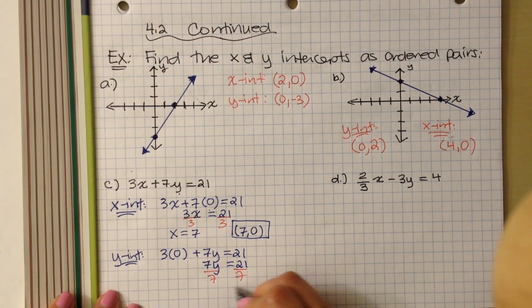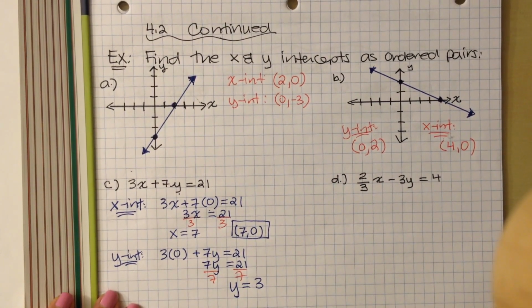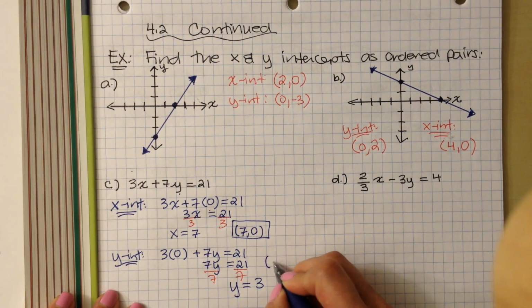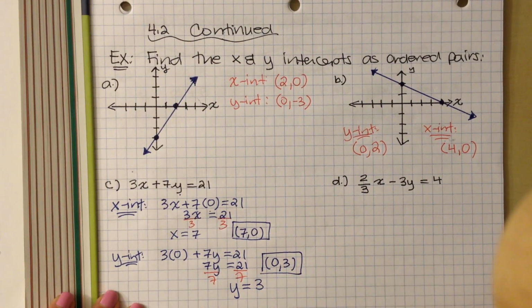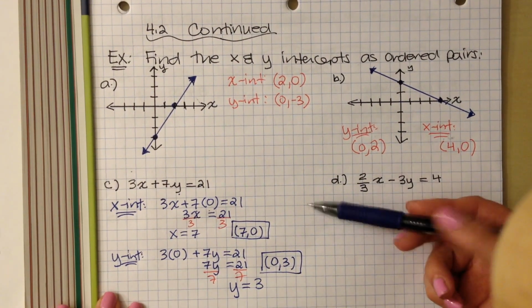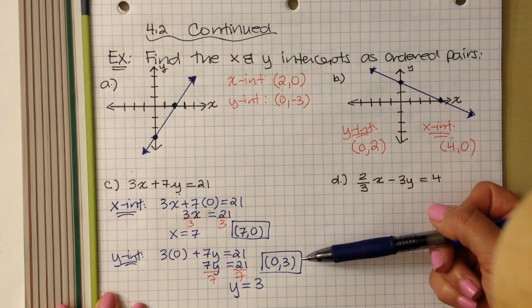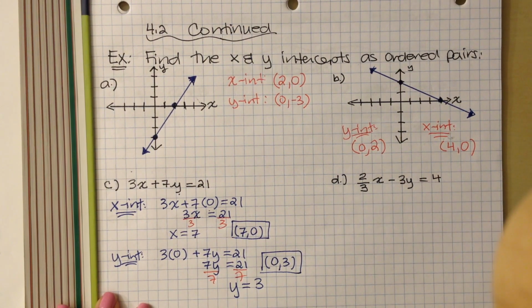My answer is y equal to 3. Now you need to write your answer as an ordered pair, so in this case it's 0, 3. If you have the x-intercept and the y-intercept, you can easily draw the graph. All you do is graph these two points and connect them with your straight line, and that'll give you the graph. So this would be one way to graph.